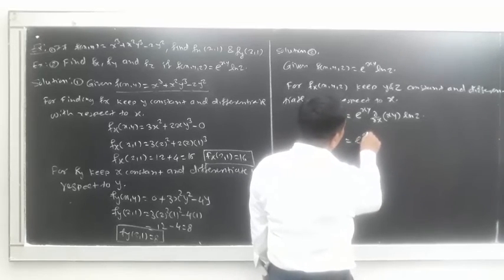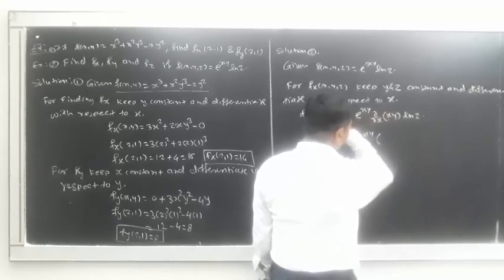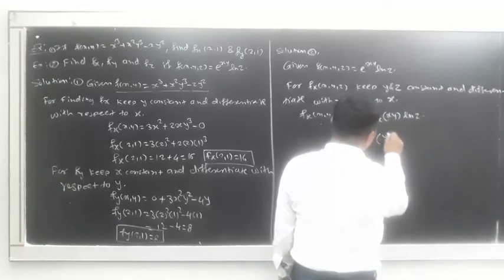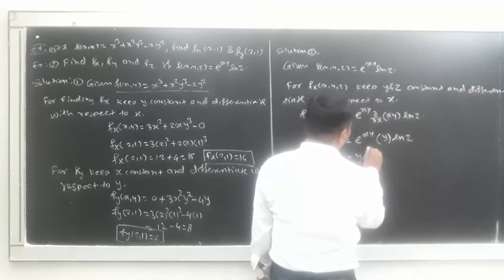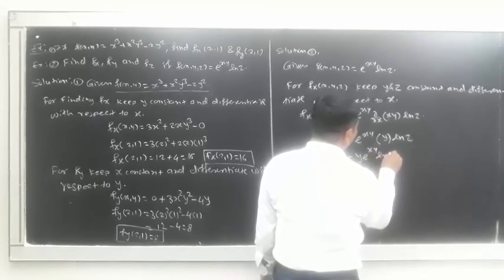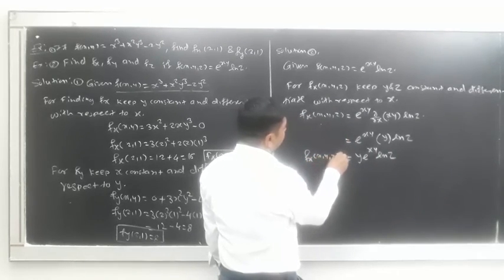So e raised to xy ln z into the derivative, which is only y ln z, and this is nothing but y e raised to xy ln z. So this is our fx(x,y,z).